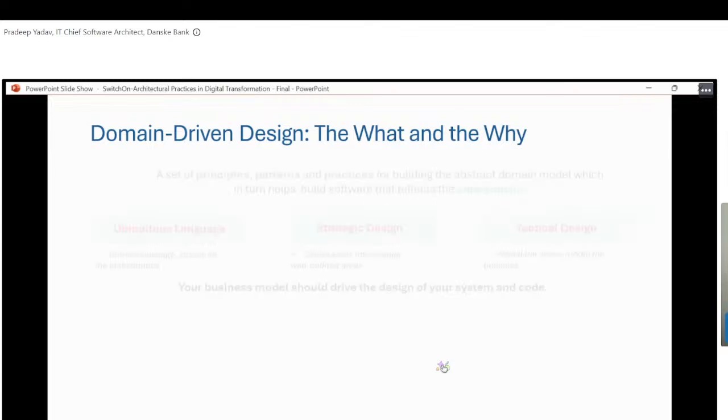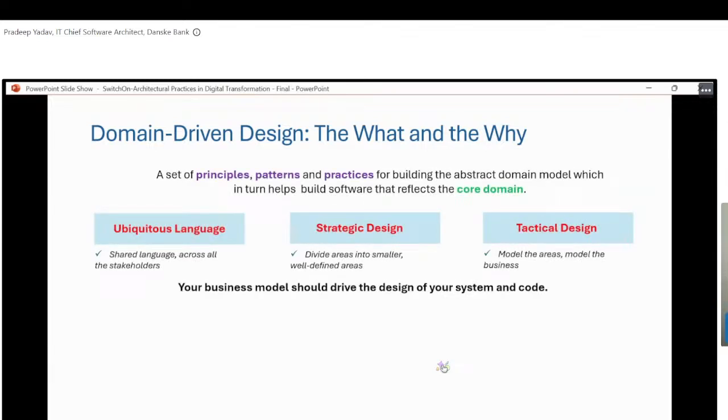So let's get into what domain-driven design is and why it is important. By definition, it is a set of principles, patterns, and practices for building an abstract domain model, which in turn helps build software that reflects core domains. The main principle that empowers domain-driven design is ubiquitous language, a shared language across all the stakeholders.